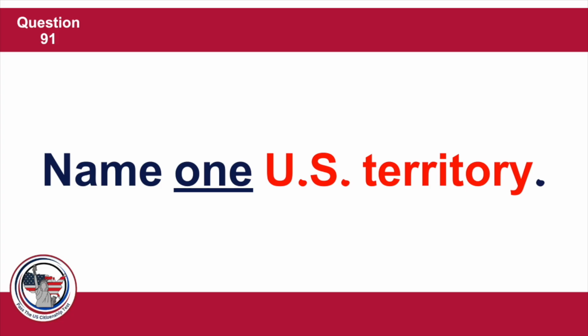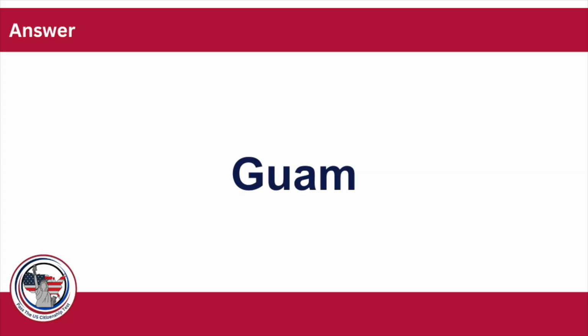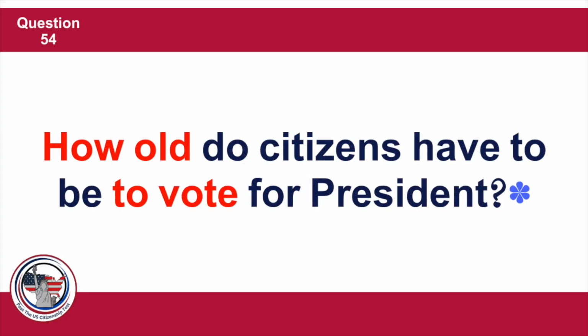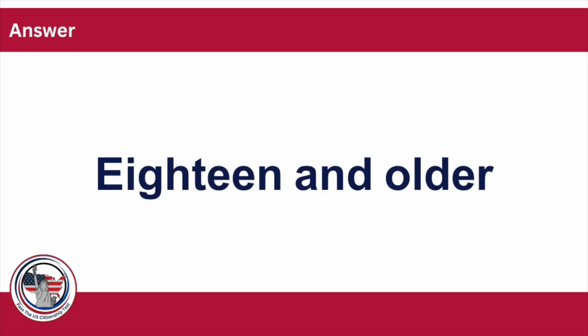Name one U.S. territory. Guam. How old do citizens have to be to vote for president? 18 and older.